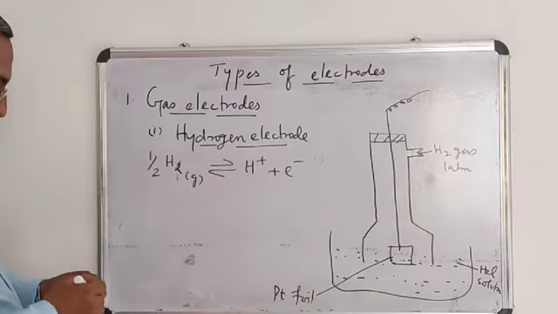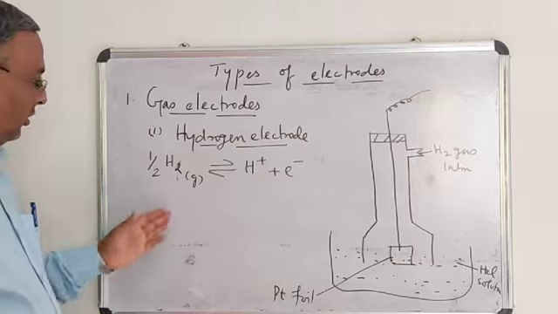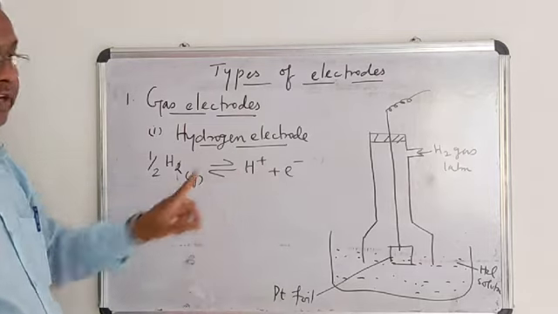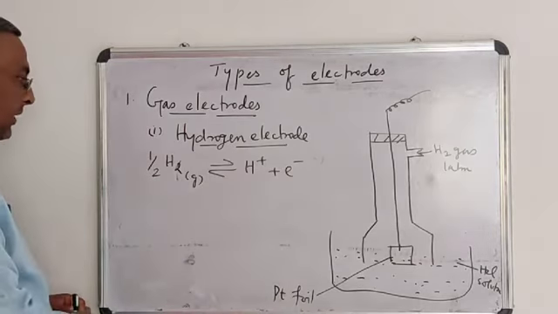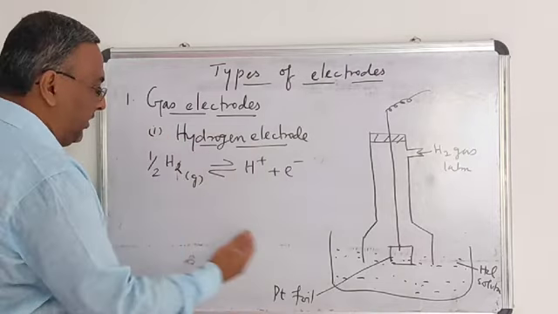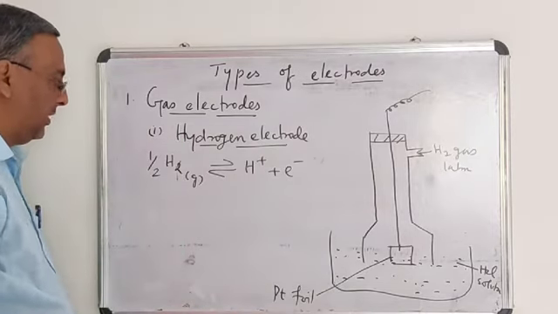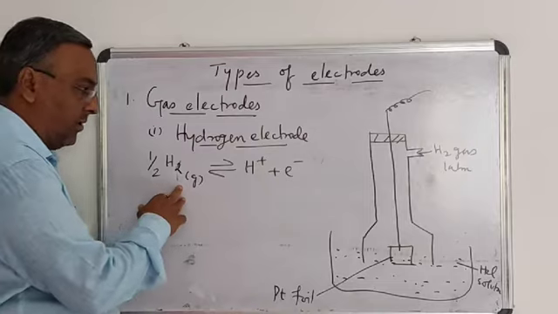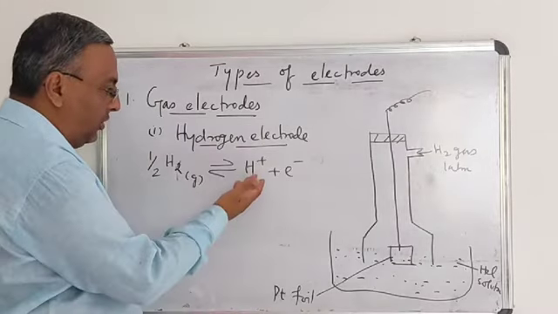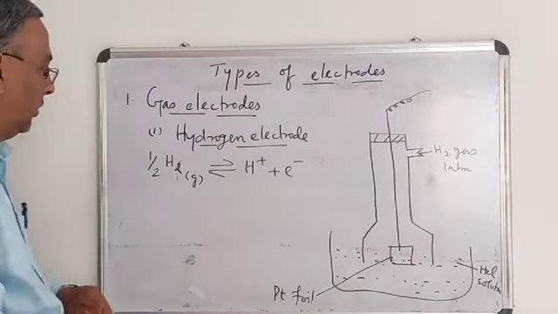That is, the electrode is reversible with respect to H plus ions. That is, when the equilibrium shifts towards right, hydrogen gas oxidizes to give the H plus ions.